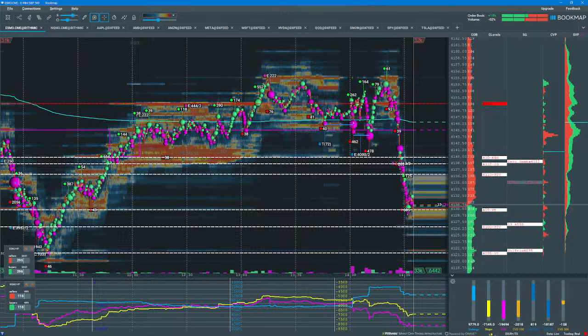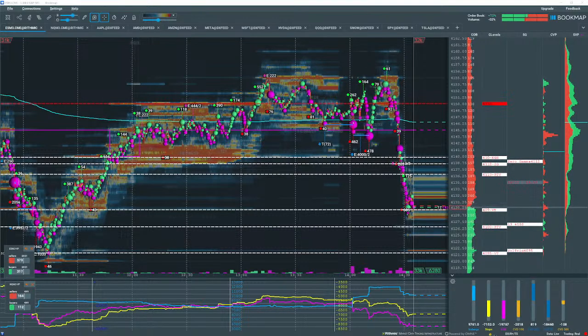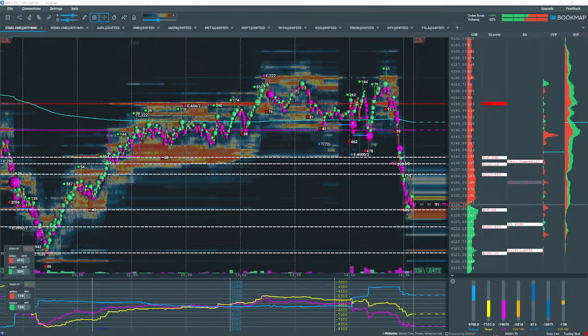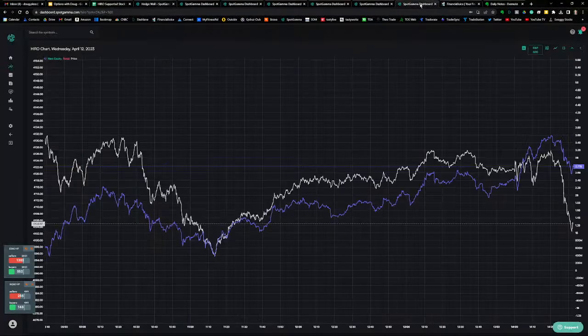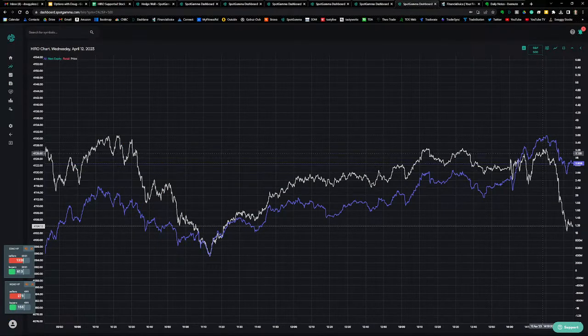So far, trading at the SPY 409 volatility trigger. Let's go take a look at Hero one last time, and we can see that options traders are not really providing much of a lead effect here.